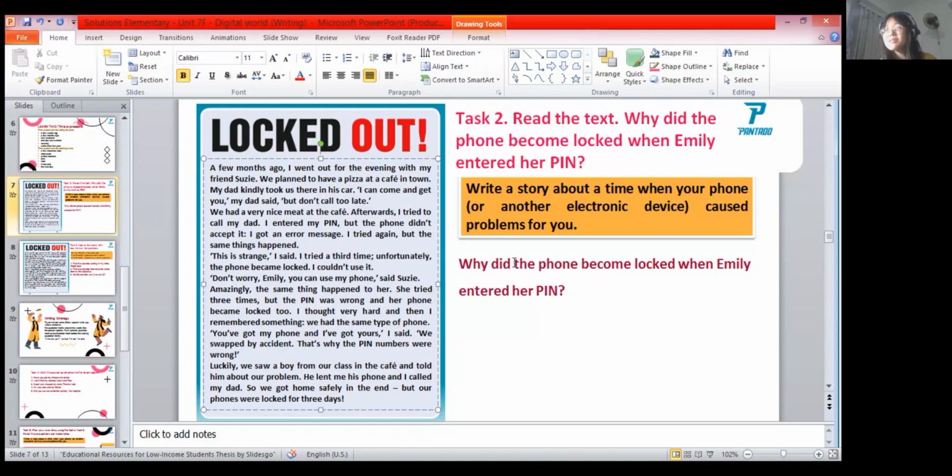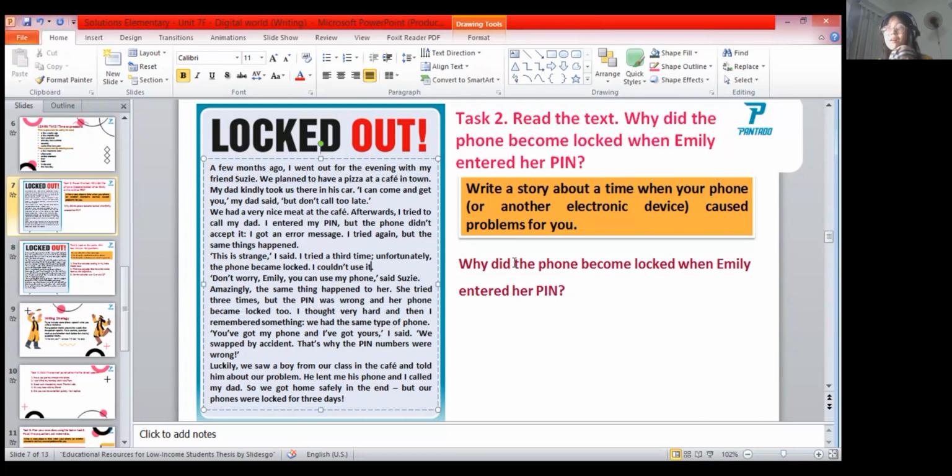I thought very hard, and then I remembered something. We had the same type of phone. You've got my phone and I've got yours, I said. We swapped them by accident. That's why the PIN numbers were wrong.